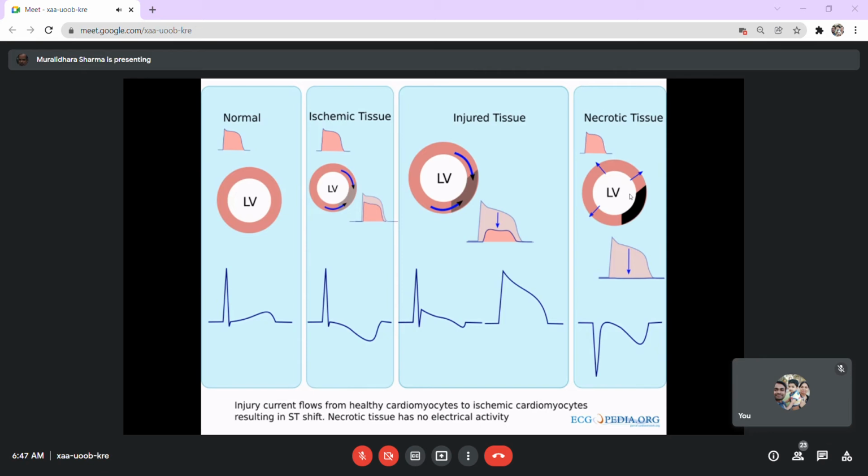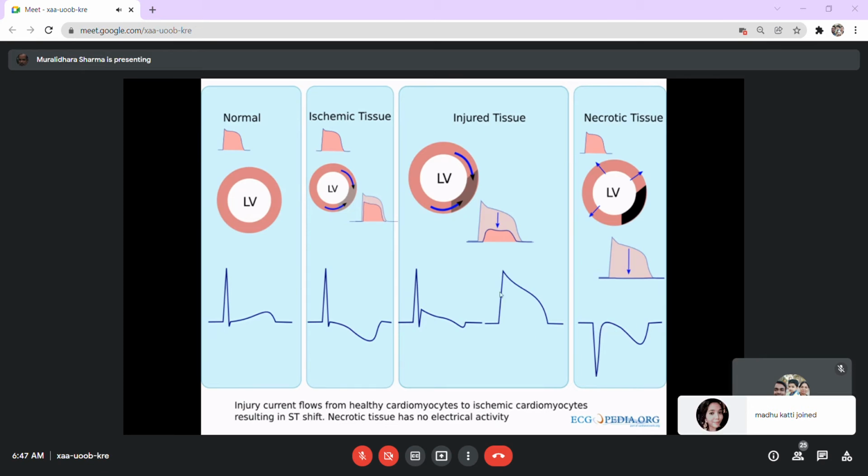Whereas when it becomes necrotic, the tissue is dead, and there will be no action potential. It will not even have a membrane potential, and hence there will be conduction of current across these two areas, and this produces an injury current or ST segment change.